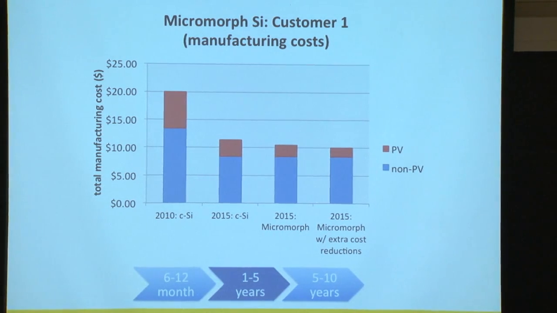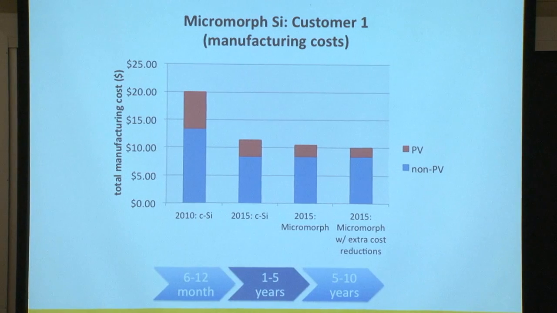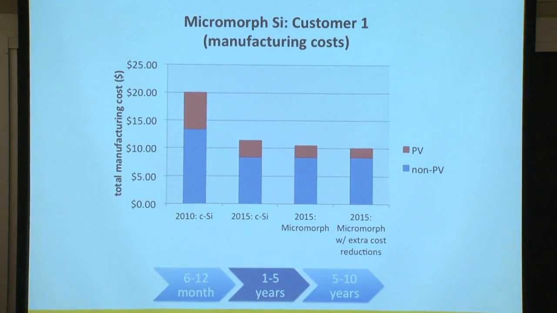What you can see is that the costs are going to go down regardless of what PV platform is used, and micromorph silicon provides about a 5% additional cost decrease compared to crystalline silicon. That doesn't sound like a lot perhaps, but it's not insignificant in this context.